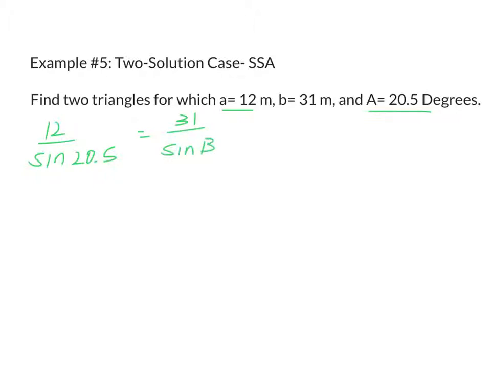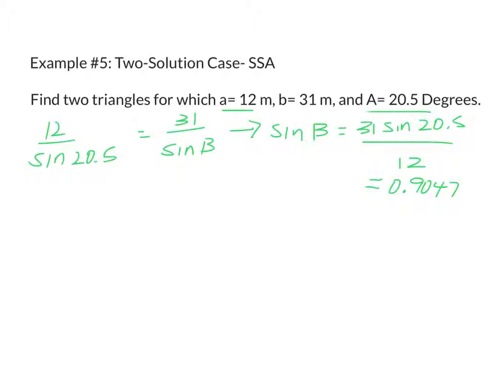Okay. Sine B, if I cross multiply, will be sine B equal to 31 sine of 20.5 over 12. If I do that math, I would get approximately 0.9047.